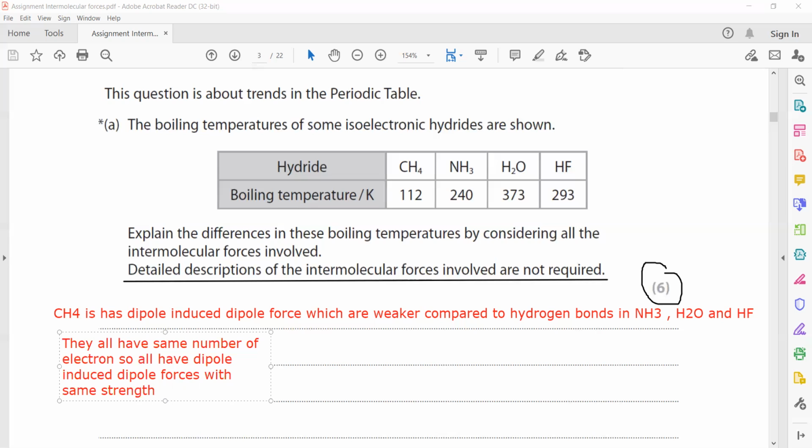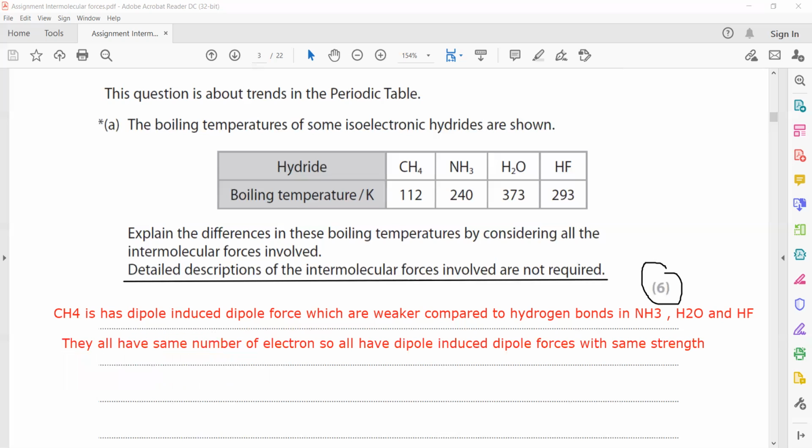So they all have the same number of electrons, so they all have the same dipole-induced dipole forces, of the same strength. Then fluorine is the most electronegative element.